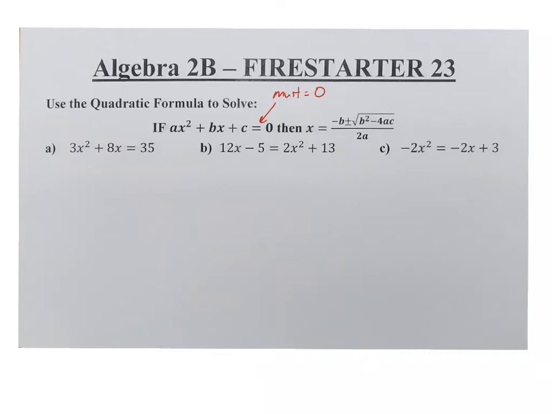So for A, I'm going to minus 35 from both sides because I want the right side to get 0. So my right side is going to turn into 3x squared plus 8x minus 35 equals 0. And then I'm going to find A, B, and C. So A is 3, B is 8, C is negative 35.